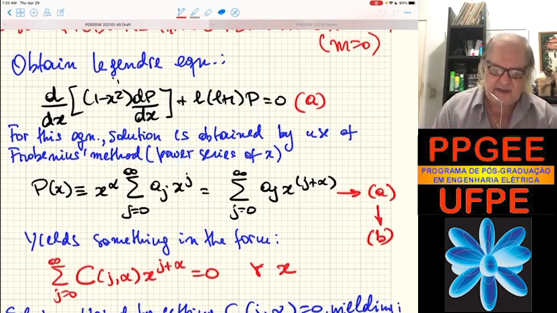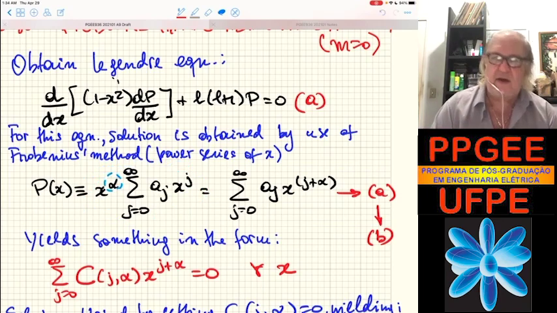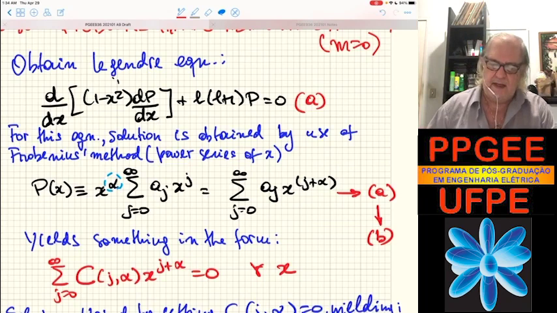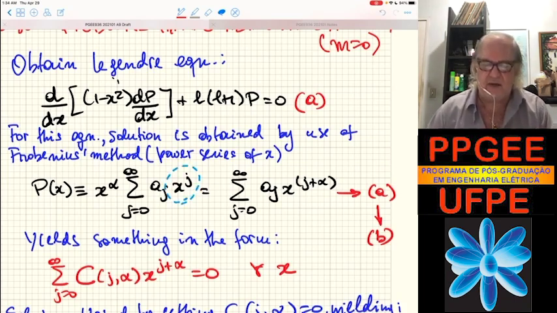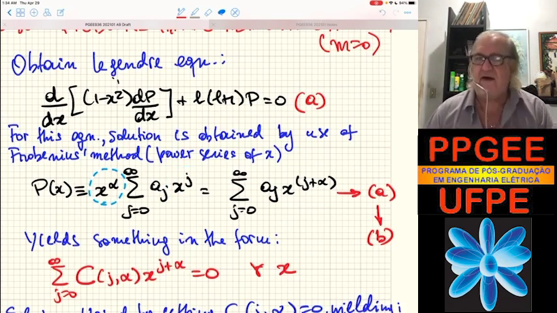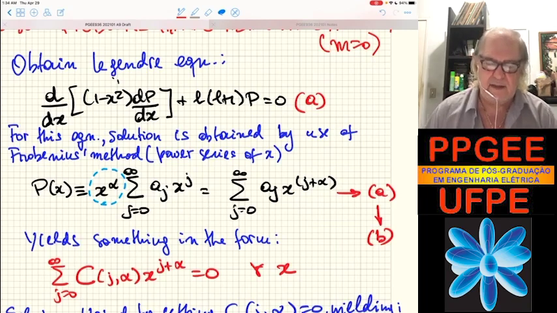So you see how it's written here. This alpha is another alpha, has nothing to do with the alpha used in the radial solution. So it means that the terms of lowest order, x to the j equals 0, is 1, right? The lowest order is a power of alpha. If alpha is 0, the lowest order is just a constant.